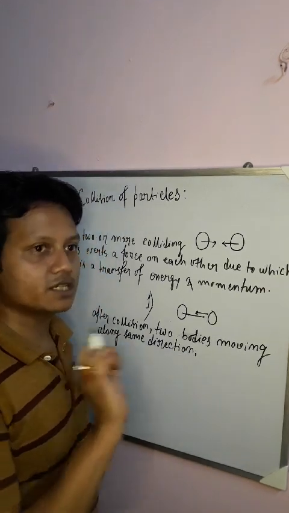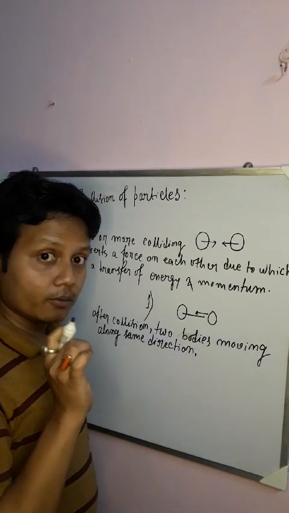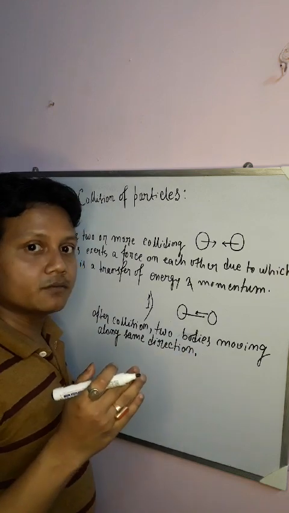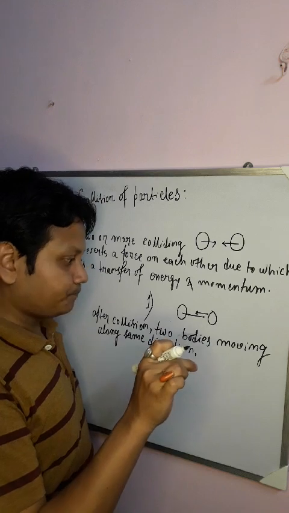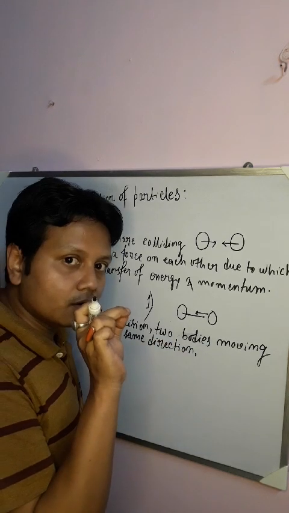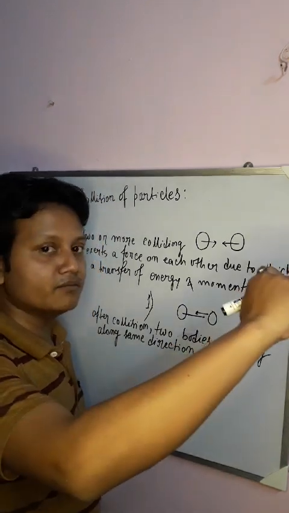Whenever we strike the striker, it is possible that after striking the object in the carom board, the striker and the object move along the same direction.